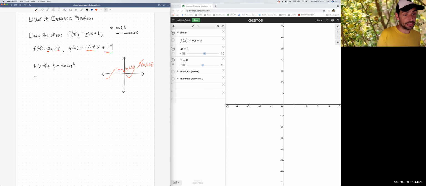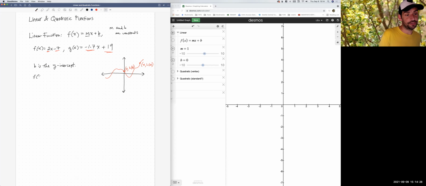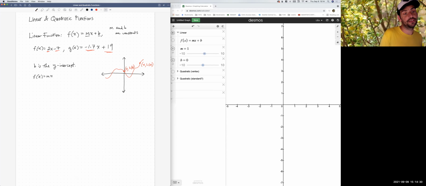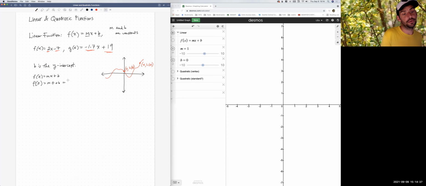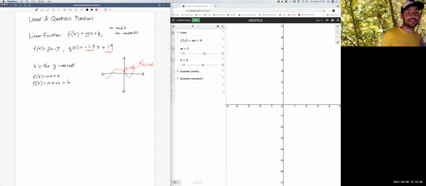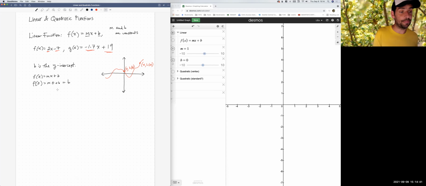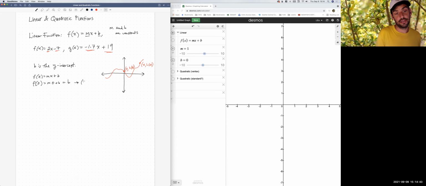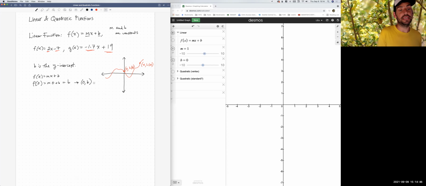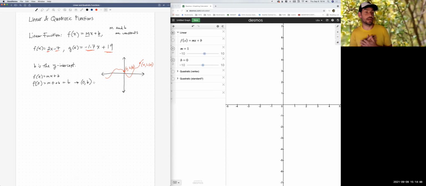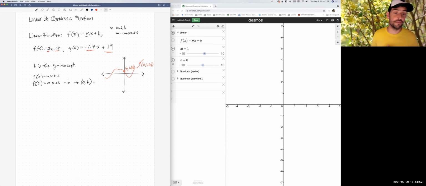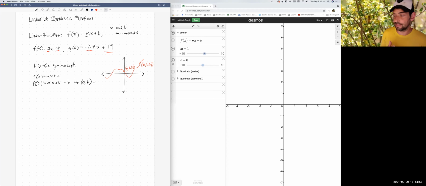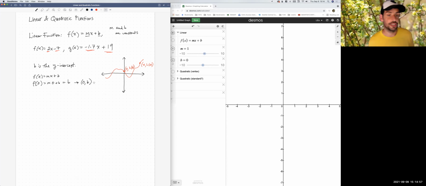So in the case of a line, if f of x equals mx plus b, f of 0 is m times 0 plus b, or just b. This leads us to the idea that the intercept happens at the point (0, b). That's the input-output pair where it hits the y-axis. There's only ever going to be one of those, because it has to have the input 0 and there's only one output for each input with our function.